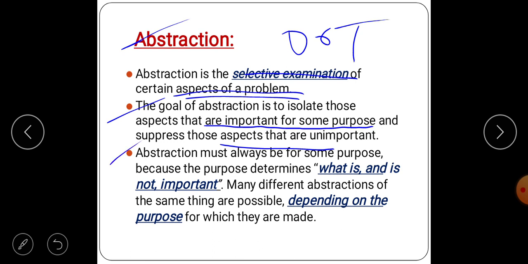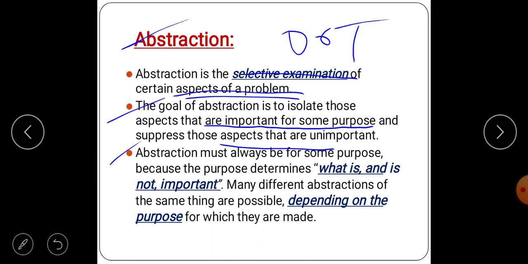Abstraction must always be for some purpose, because the purpose determines what is and is not important. Means it is going to tell what is important and what is not important. Many different abstractions of the same thing are possible.